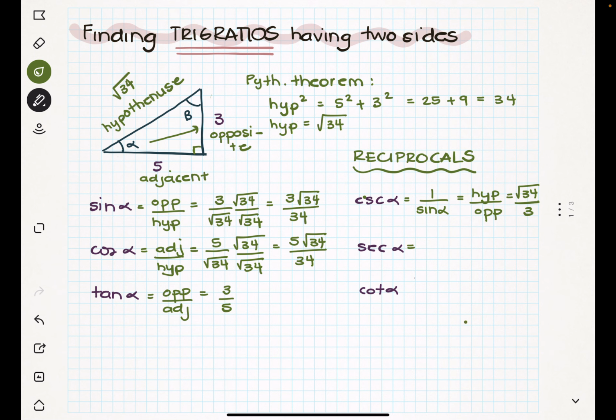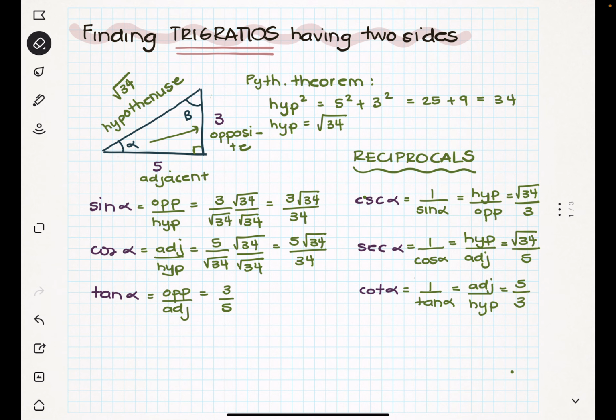Secant is defined as 1 over cosine, and we would have hypotenuse over adjacent, and we have square root of 34 over 5. And that's my secant. Now for my cotangent, it's going to be 1 over tangent. And I have adjacent over opposite. And in this case, we're going to have a 5 over 3. So that is how we can get the reciprocals having two sides.